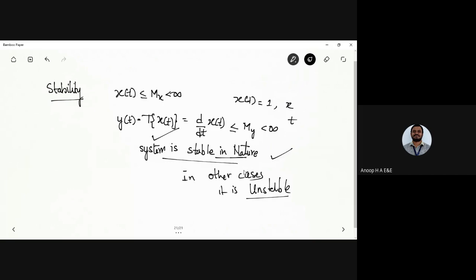So for certain cases the system is stable, and in most of the cases we are going to call it an unstable system, because we have the differentiator operator, which need not be less than or equal to My. Only for such things we are going to call it stable.